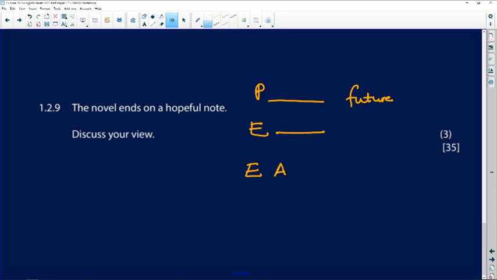And then your discussion about this is what happens in the story, and this is why it shows me that there is hope for the future, whatever else it is that you are dealing with. You can say yes or no. Remember to say yes, it ends on a hopeful note, or no, it doesn't end on a hopeful note. And then PEA, point, evidence, explanation, and analysis.